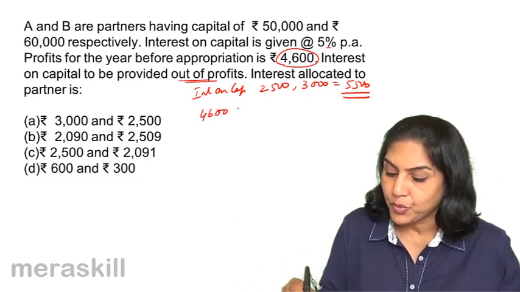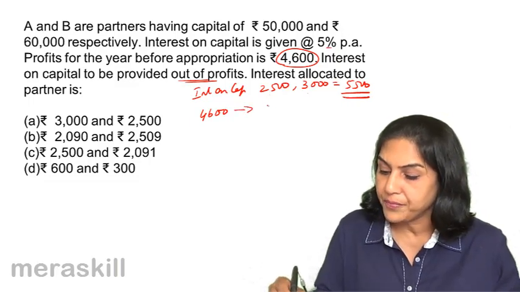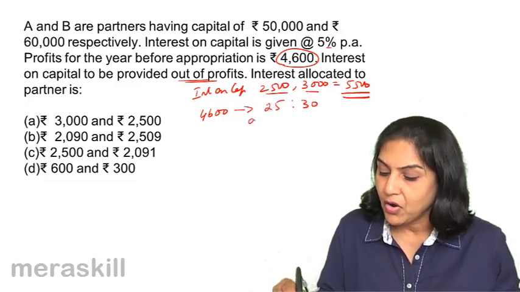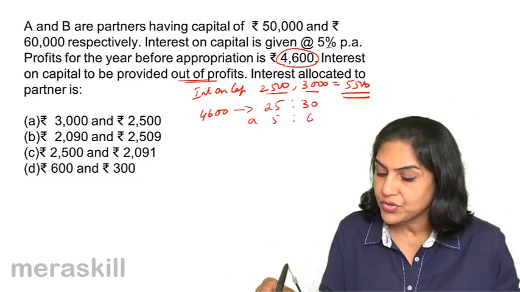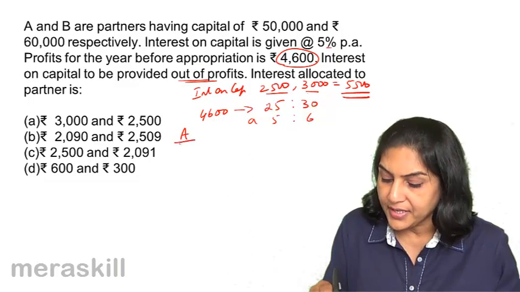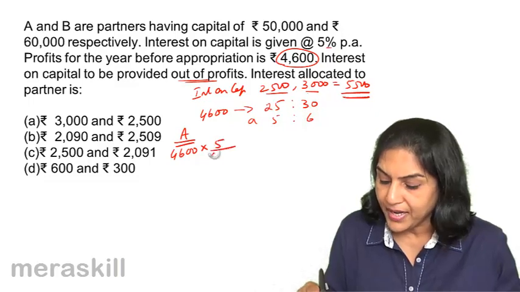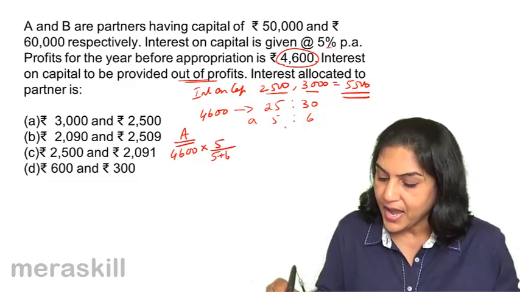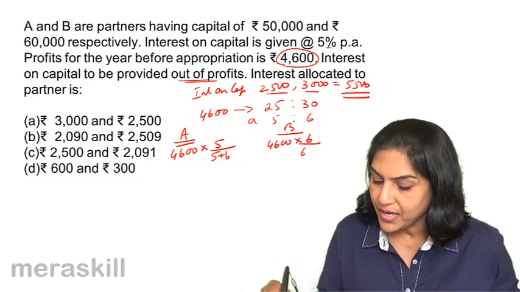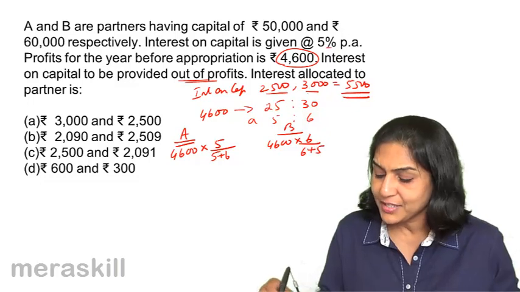4,600 would be apportioned in the ratio of, if you take this interest, 25 is to 30 or 5 is to 6. Therefore, what would be the amount? A's interest would be 4,600 into 5 by 11, 5 plus 6, and B's interest would be 4,600 into 6 by 6 plus 5.